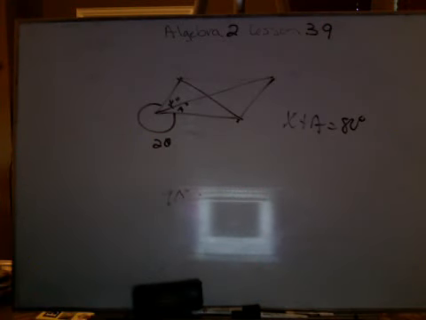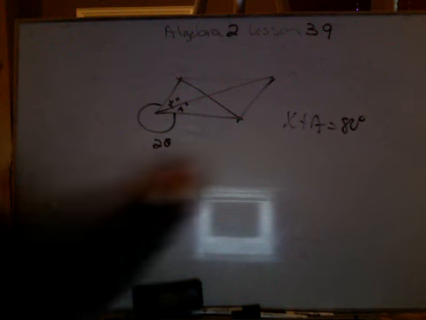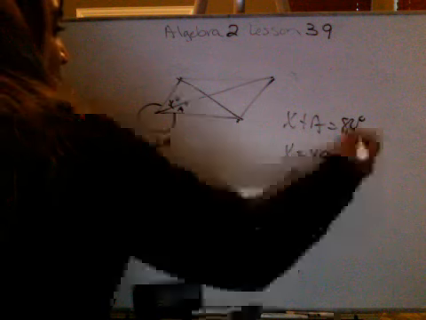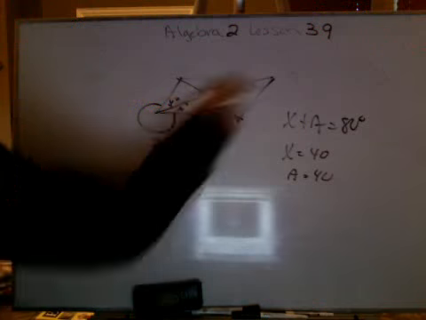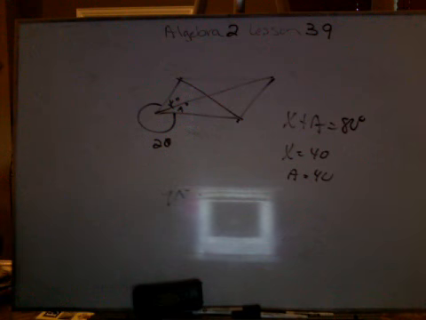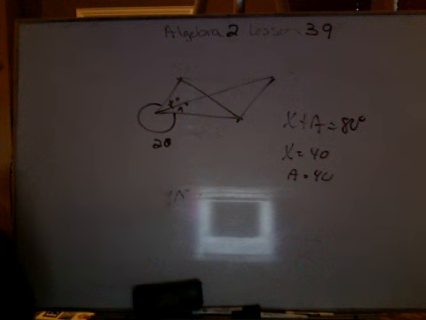Angle X and angle A have the same measure because DF bisects angle D. So can't we just say X is 40 and A is 40? We divide them in half because they're equal, because this bisects. The sum of adjacent angles in a parallelogram is 180 degrees.